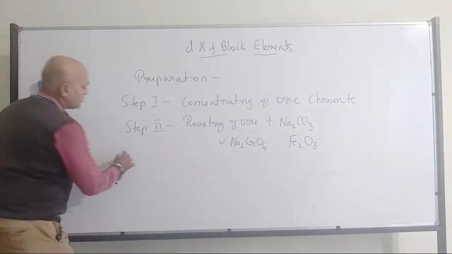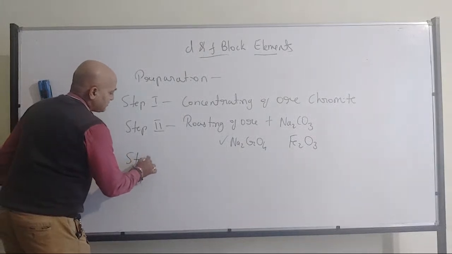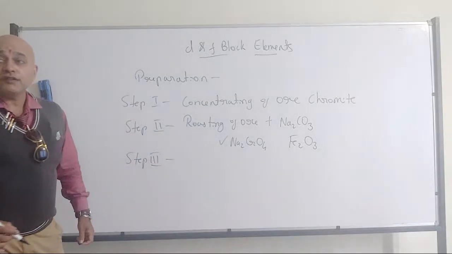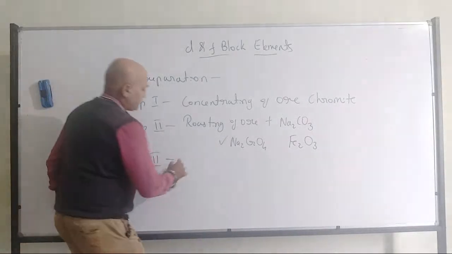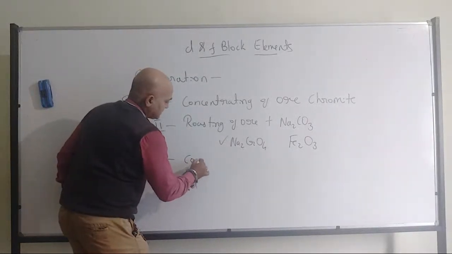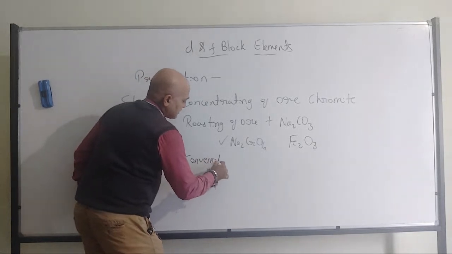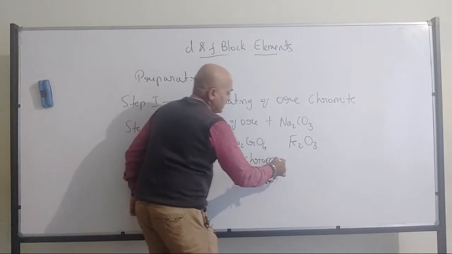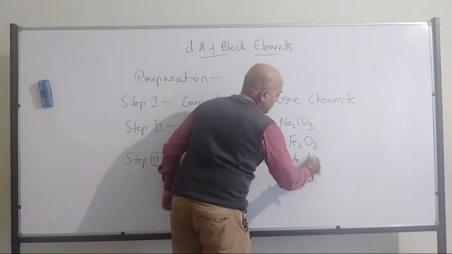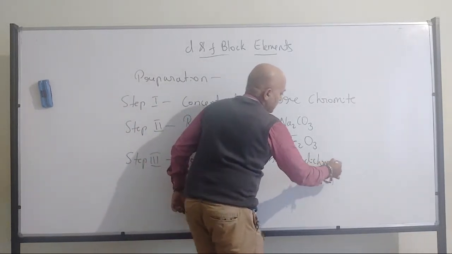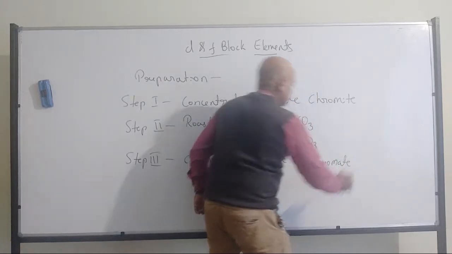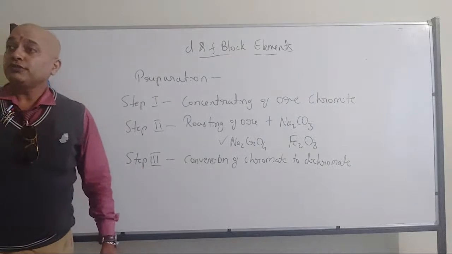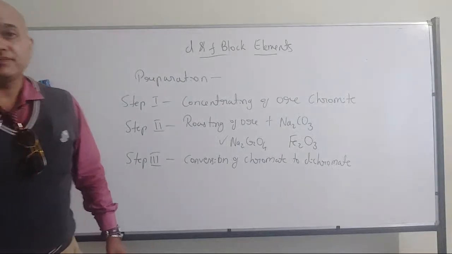Now what is step 3? That is conversion of chromate to dichromate. How will it be done? What are they going to do? They are going to treat with acid, right?